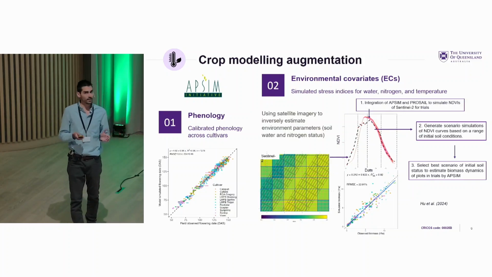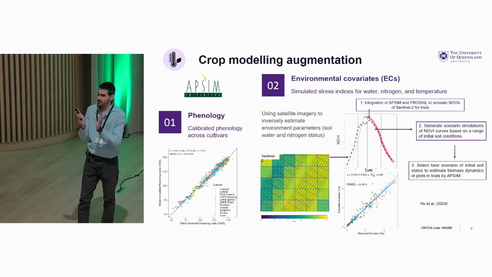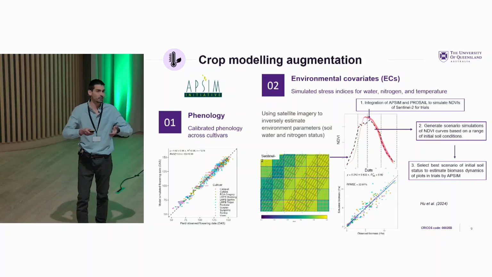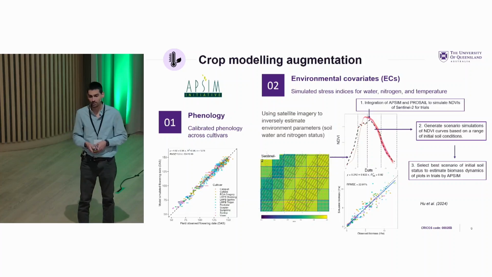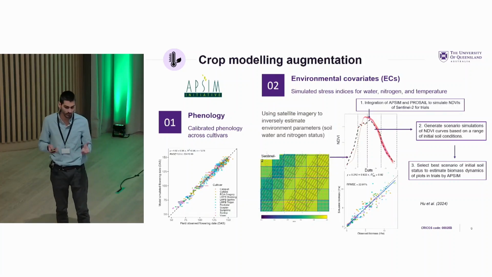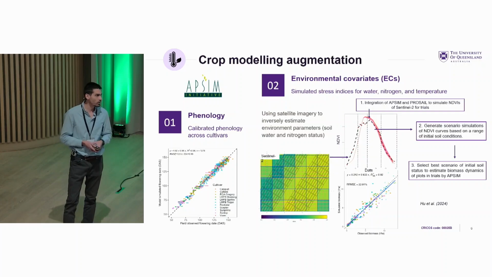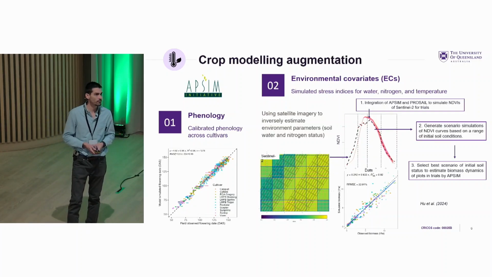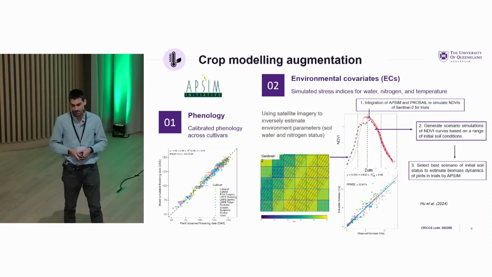In that way, we can get accurate estimation of these phenological stages of the crop and then use the climatic indices based on the period of the crop. And we achieved a relatively good calibration of all the cultivars that we got, at least flowering date information, using APSIM.